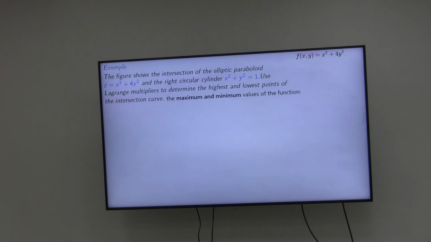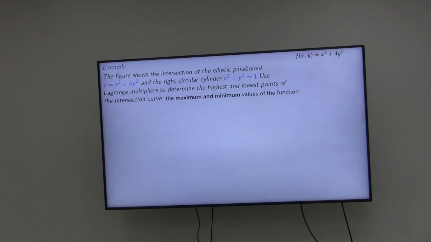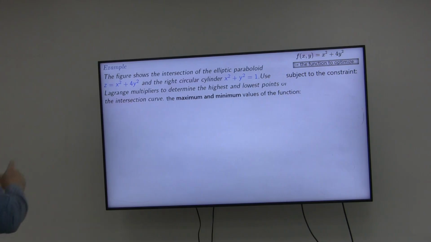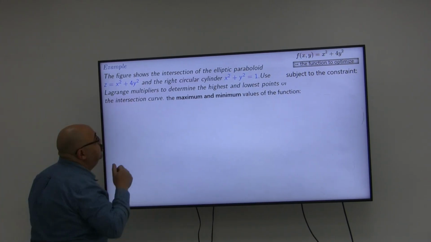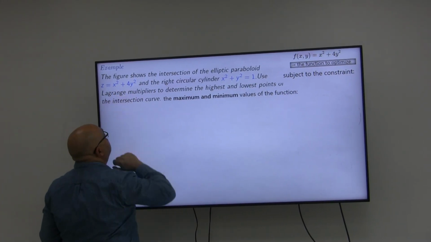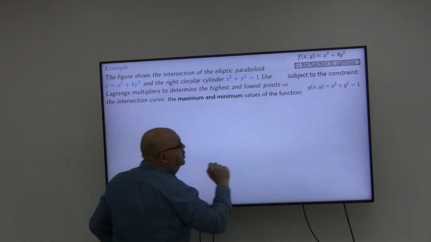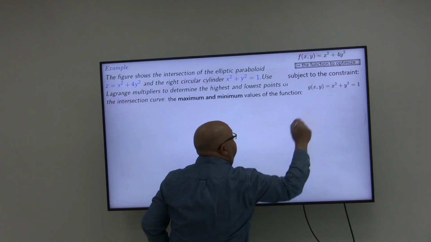And if you remember my words previously, when we were taking these intersections and talking about the level curve, do you remember? I told you you will need them in this part. So once more, that's the function required to be optimized, z equal to x squared plus 4y squared, subject to the constraint. The constraint is x squared plus y squared equal to 1.